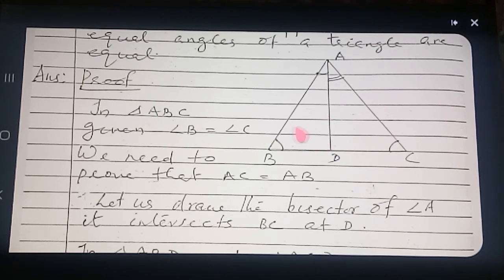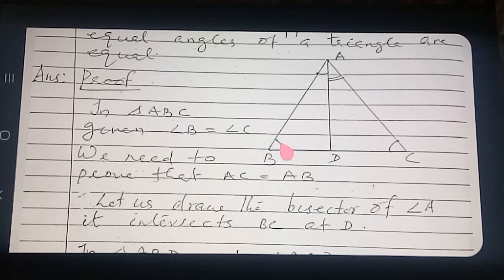How can we prove it? This angle B equal to angle C is already given. This is the bisector given, so this angle and this angle are equal. And this AD is the common part. Common part, no? So what can you apply?